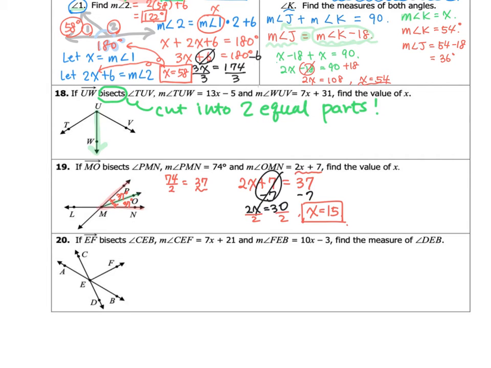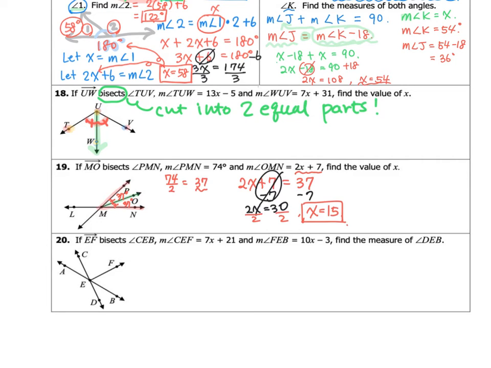So angle TUW, this angle, it cuts it in half. That means that right here and right here, they are congruent, right? Then WUT and TUW, they are congruent, and find the value of x.